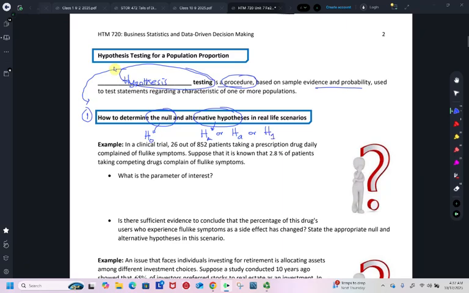Any of these symbols or notations can be used to represent the alternative hypothesis, whereas H naught will represent the null hypothesis.